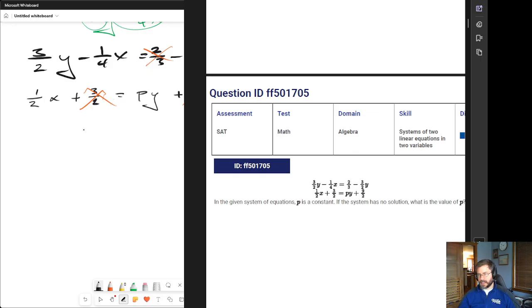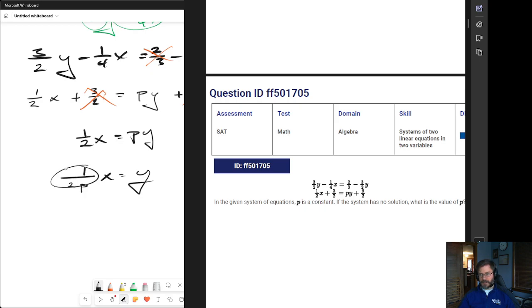And this is really easy then. 1/2 x equals py. We can ignore the constant terms and ignore the whole numbers. Getting the slope here, well, I could just divide the p over and get 1 over 2p. x equals y. That's slope-intercept form, so of course the slope there is 1 over 2p.